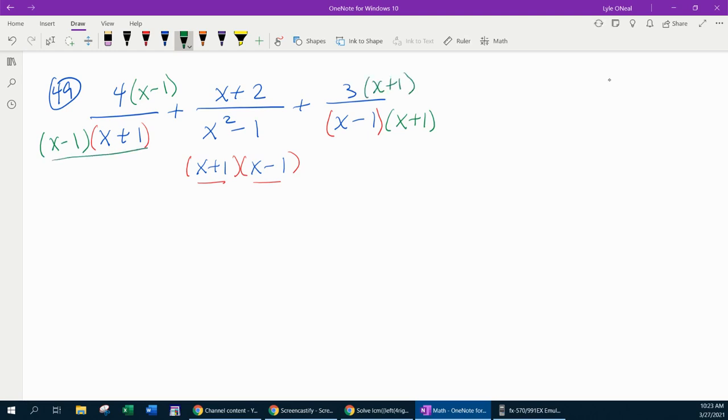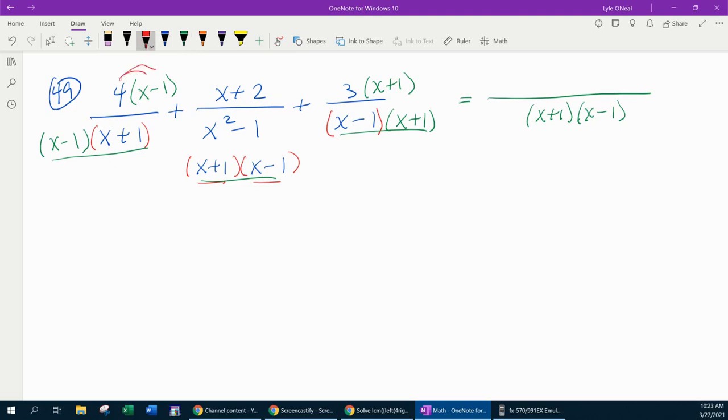And so now you notice that they all have the same denominators. They all have an x plus 1 and an x minus 1. And so now I can go through and add these fractions. So first things first, the common denominator, x plus 1, x minus 1. Remember, it doesn't matter what order you write those in. And to get the numerator, we're going to need to distribute.